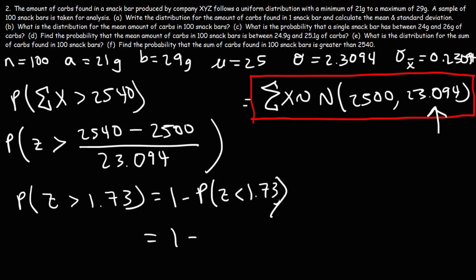So now using the z-score table, a z-value of 1.73 corresponds to 0.95818. That's the area to the left. But to get the area to the right of 1.73, it's going to be 1 minus 0.95818. And so this gives us an answer of 0.04182.